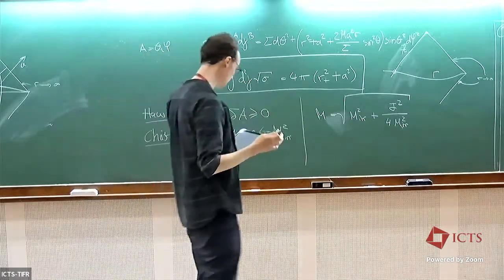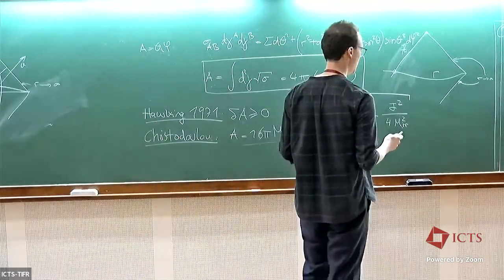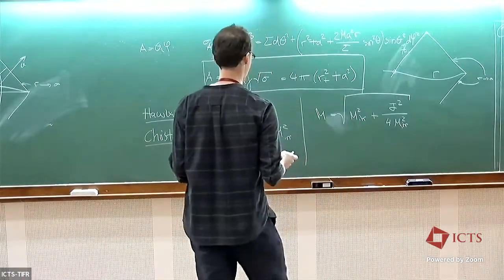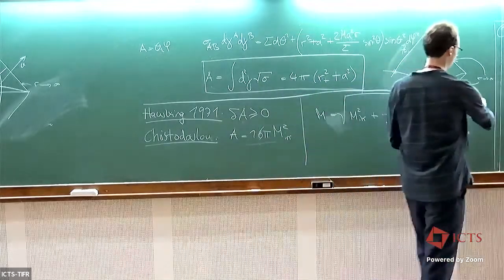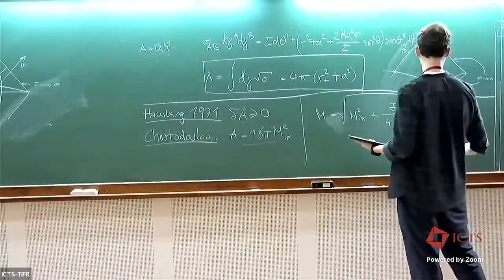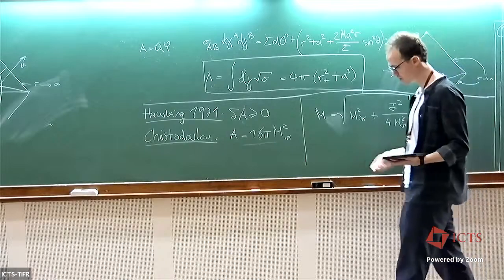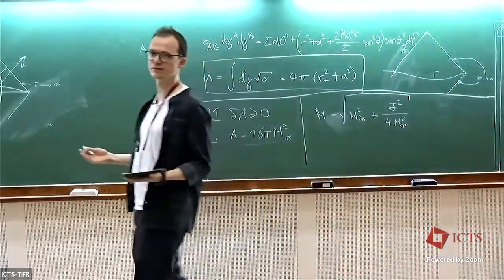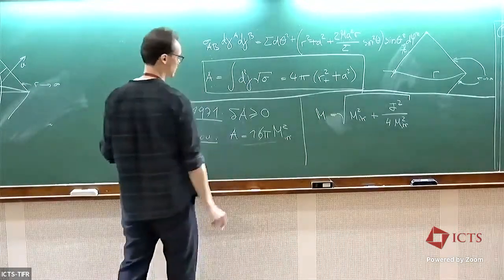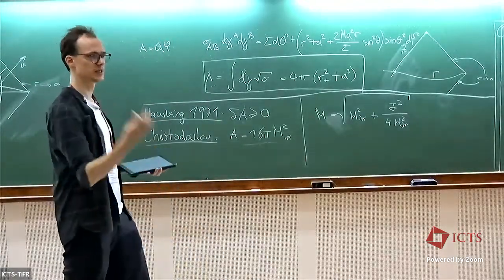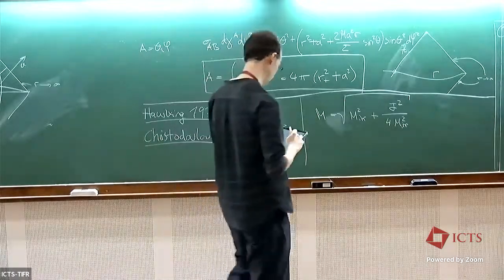Okay, and so lastly, I need to introduce how this actually happens. So if I throw into the black hole some amount of mass and some amount of angular momentum, how does the area change given those bits of mass and angular momentum I threw in?